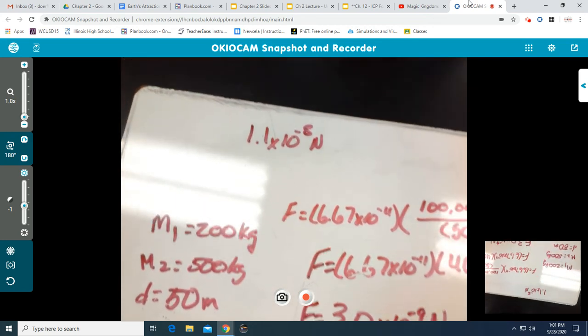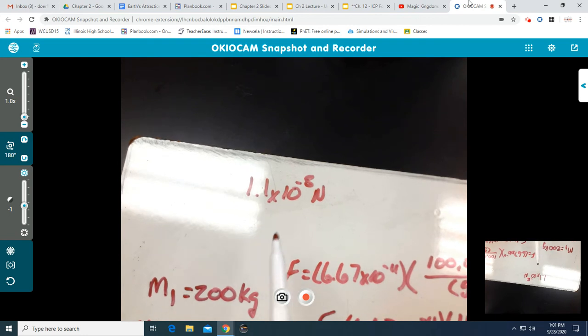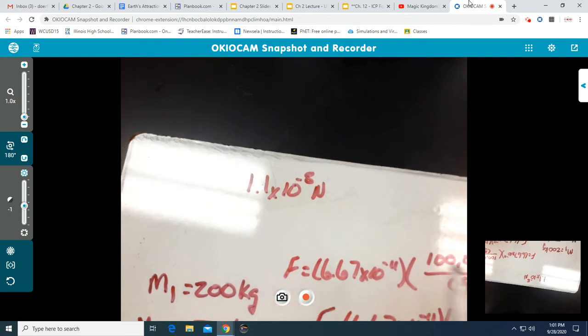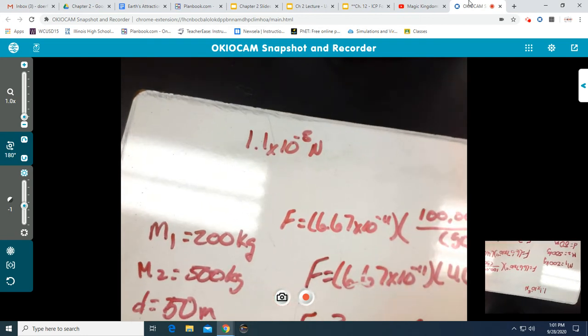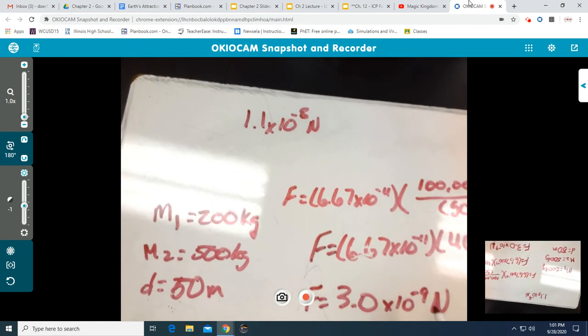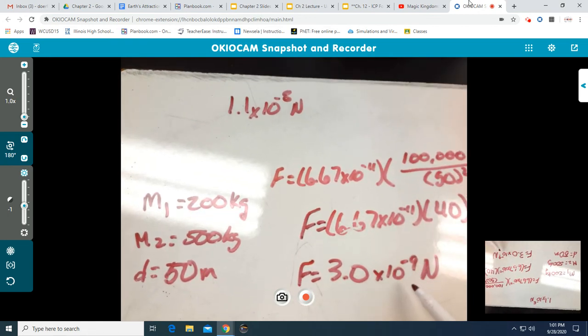So just by simply doubling our distance from 25 meters to 50 meters, we get a significant reduction in the overall gravitational force between these two masses. Just by simply doubling it.